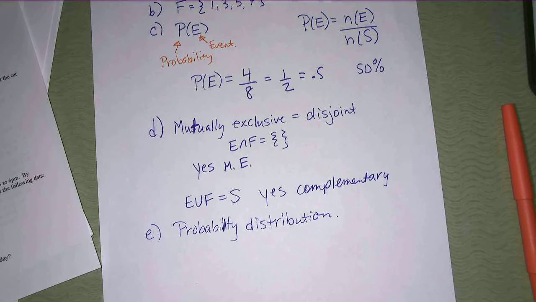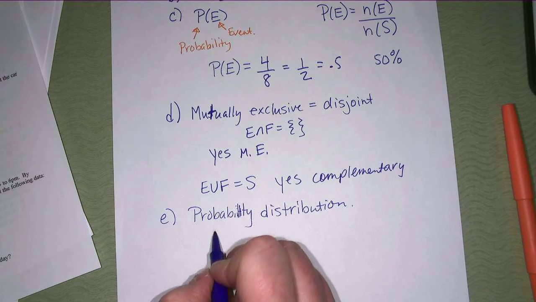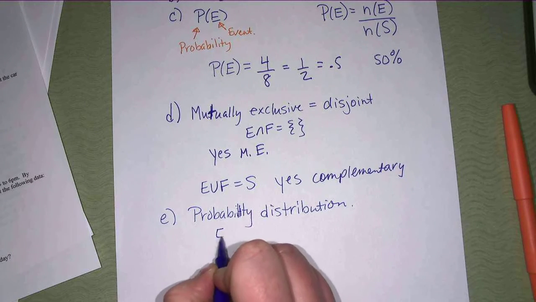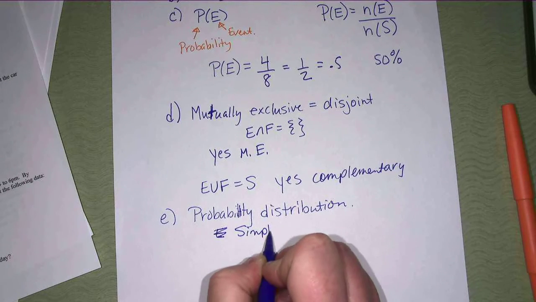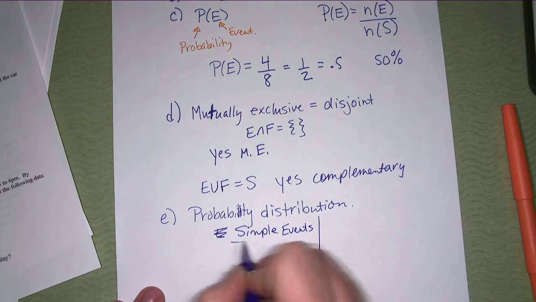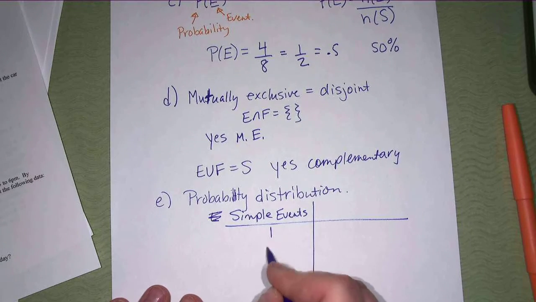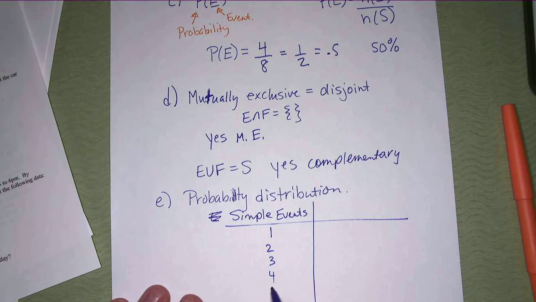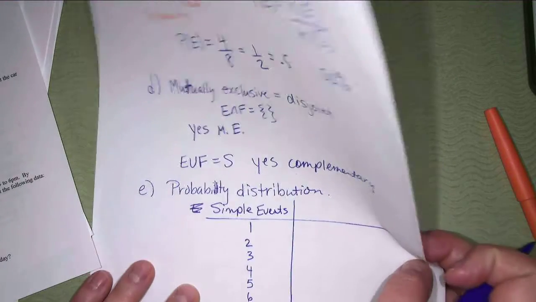So the probability distribution for this would be, we list the events, we'll call them the simple events. The simple events are like the subsets that just have 1 in it. So 1, 2, 3, all the way up to 8. Hopefully you have a little bit of room underneath here when you get to the 8.